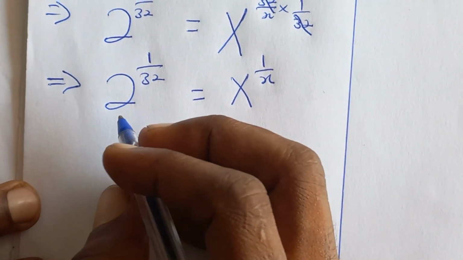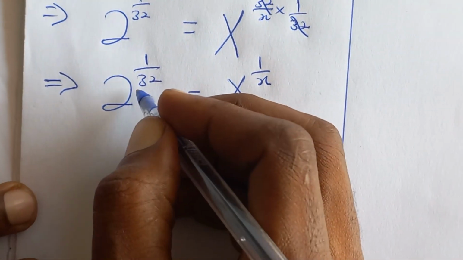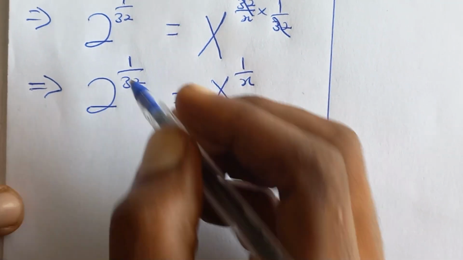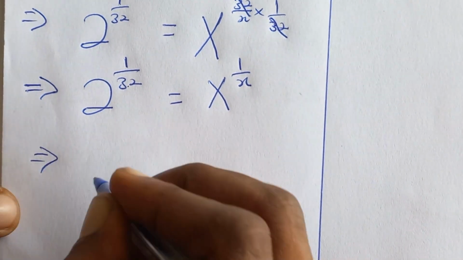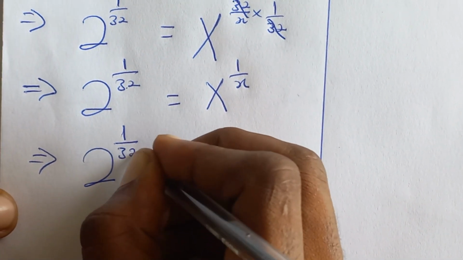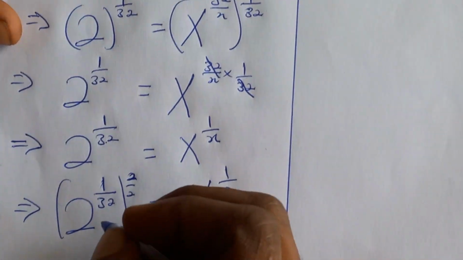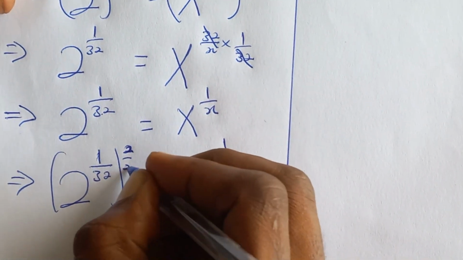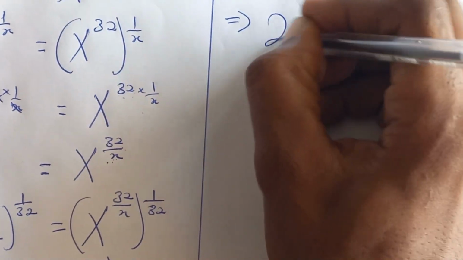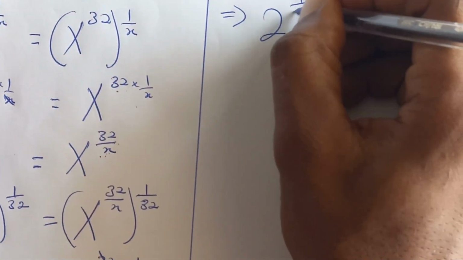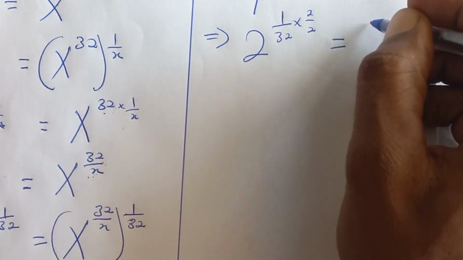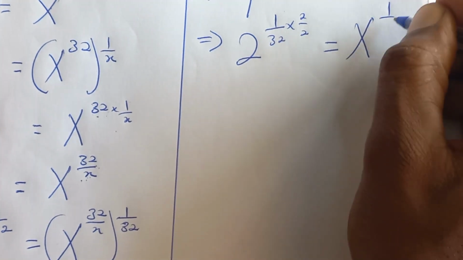Let's multiply the exponent here by 2 on 2. So it's going to be 2 exponent 1 on 32 multiplied by 2 over 2 is equal to x exponent 1 on x.